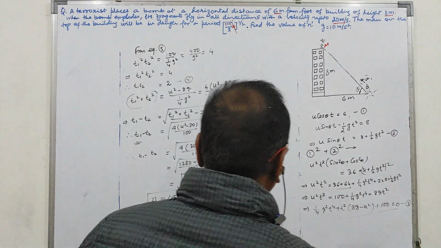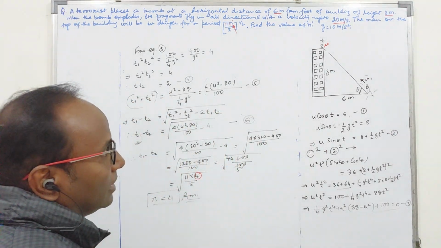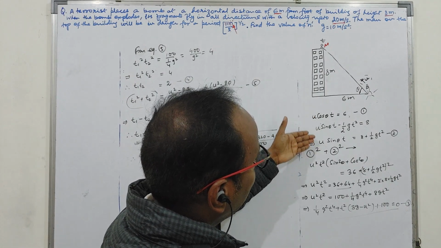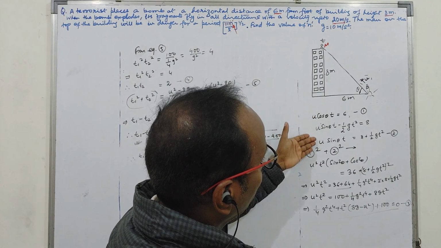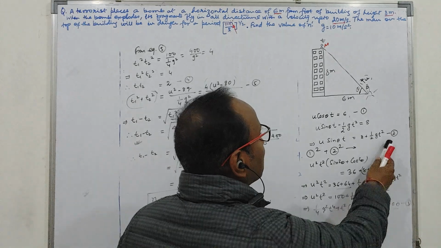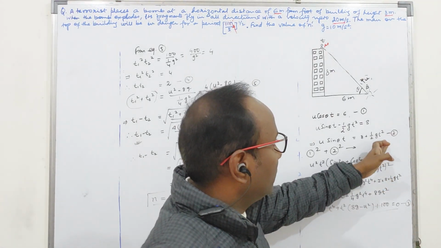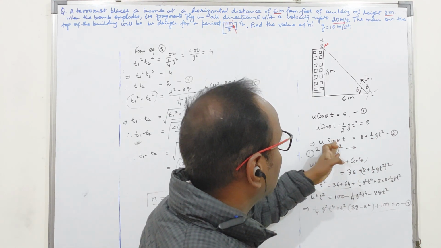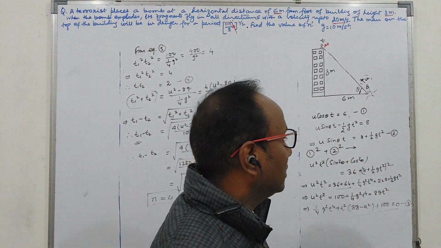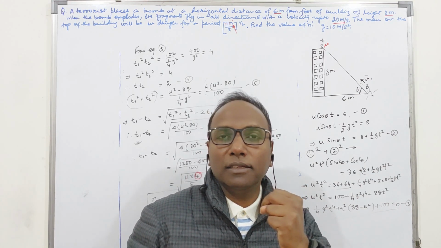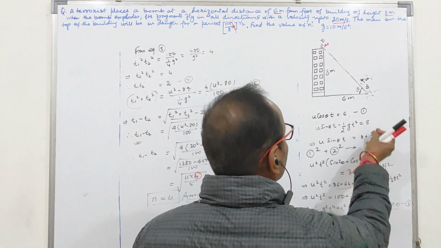So basically we have two equations of motion we know, and from number 2 equation you can see that it's a quadratic equation, right? So t will have two values, correct? Satisfying both these two equations.